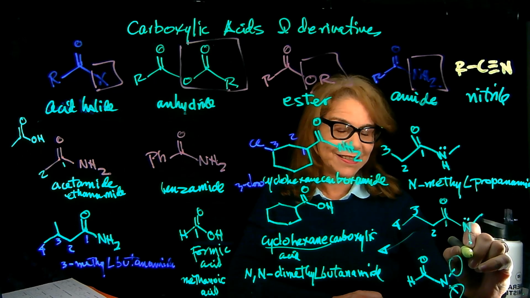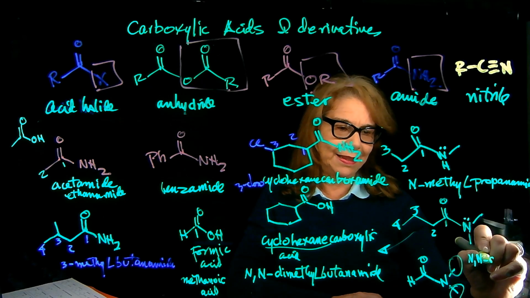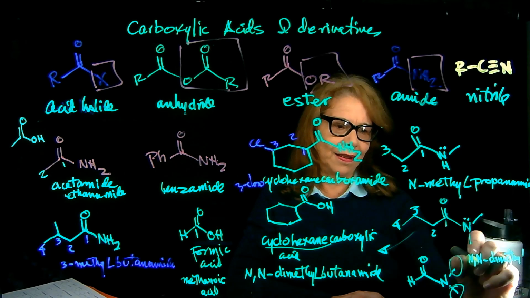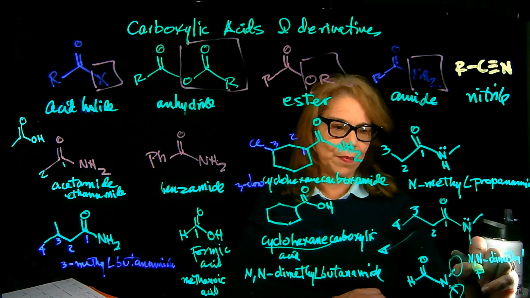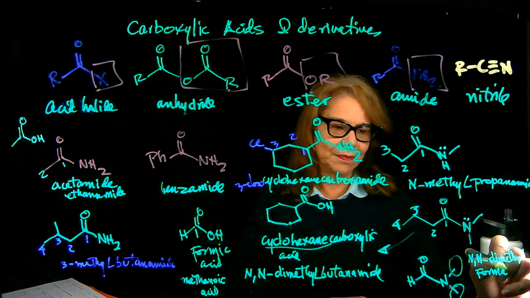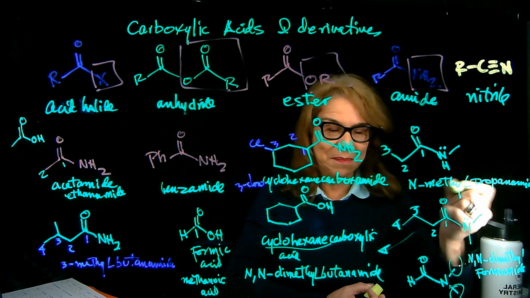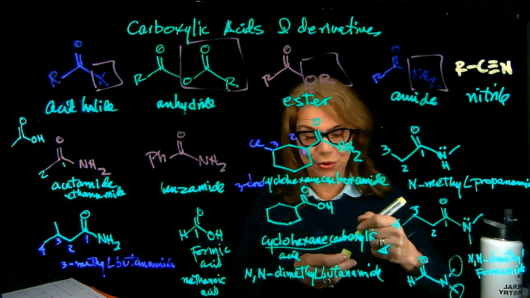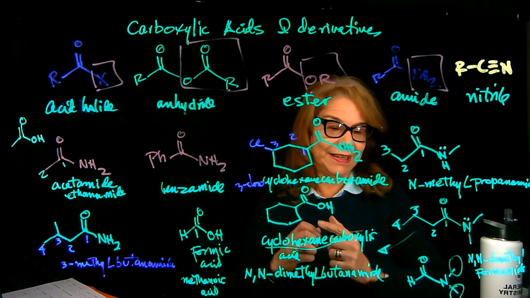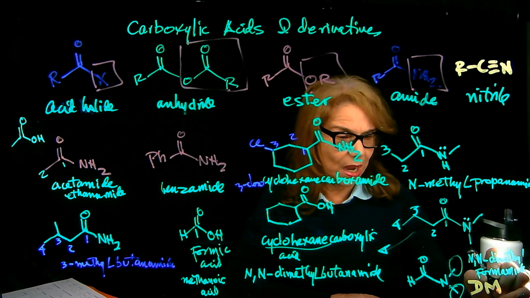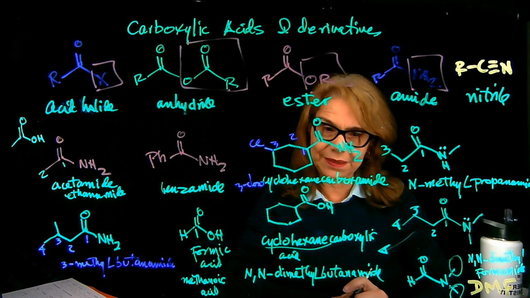So this is called N,N-dimethyl, and I'm going to write it in the bottom, formamide, or methanamide, but we say formamide, and you will see this abbreviated in your reactions as DMF, dimethylformamide.